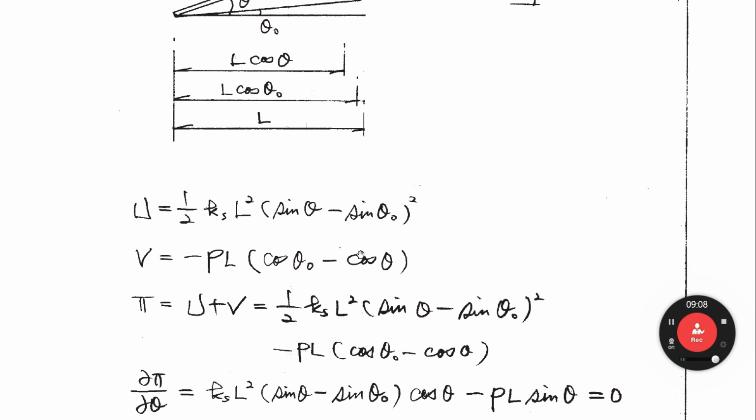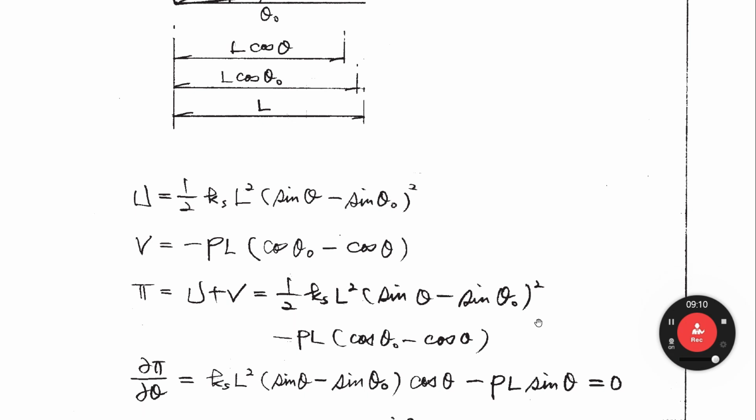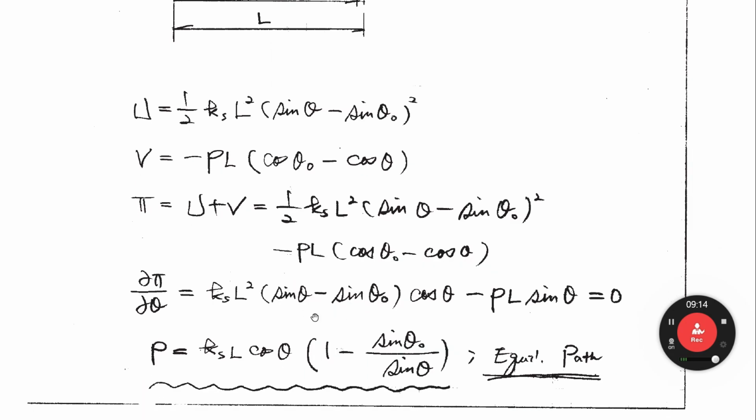Okay, this equation can be written as, and then we can take the derivative against theta. So from here you can get Ks L square, and then (sine theta minus sine theta 0), and then derivative of sine theta is cosine theta, minus PL cosine theta 0 is a constant value, so it disappears.